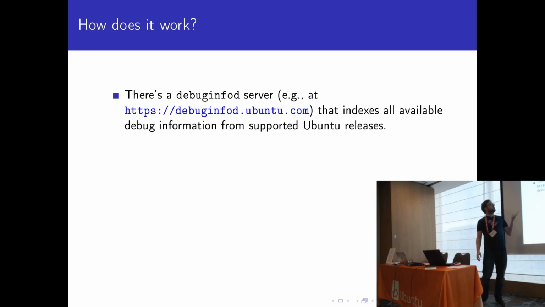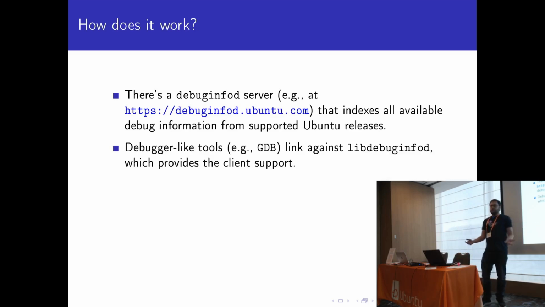So there's a Debuginfod server. How does it work? We have our Debuginfod server, which has been running for a few months now, and it is indexing all of the supported Ubuntu releases: Bionic, Focal, Jammy, Kinetic, and now Lunar are all being indexed.